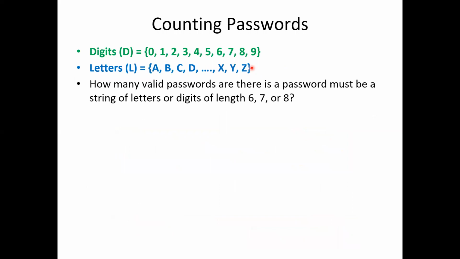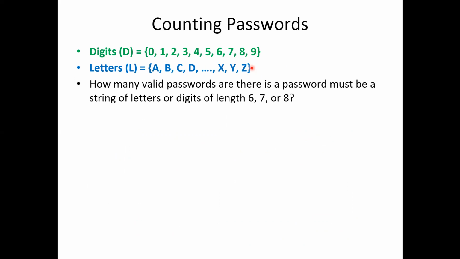Okay, so let's say that it's a string over this alphabet, but it can have either length 6, 7, or 8. Let's make the choice like this. The top choice is, are you doing a 6, 7, or 8 character password?